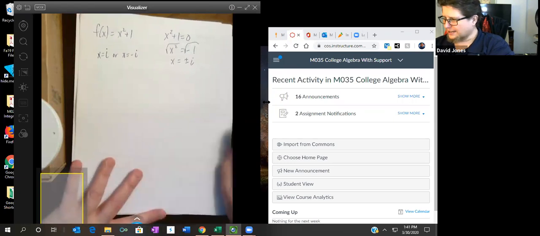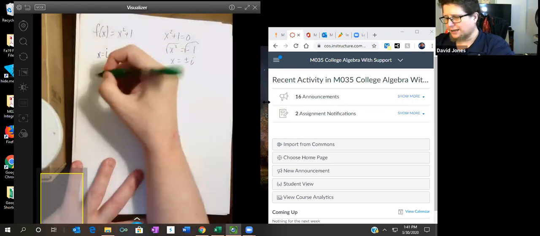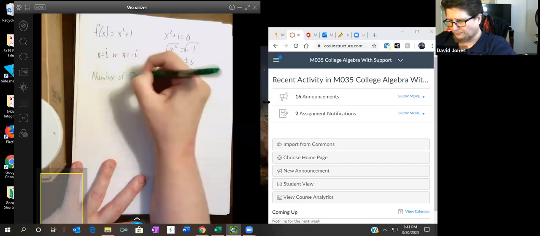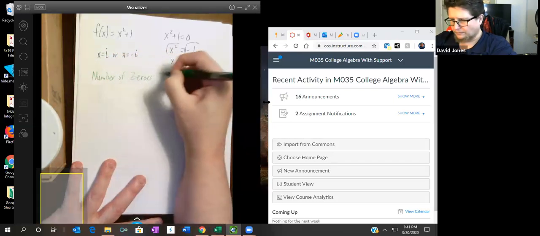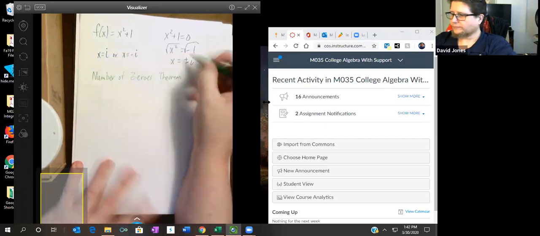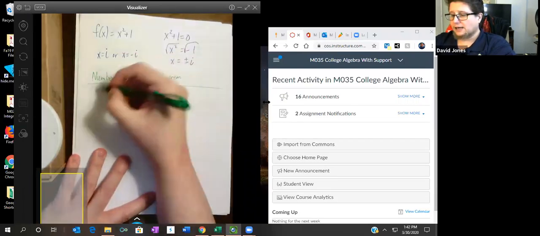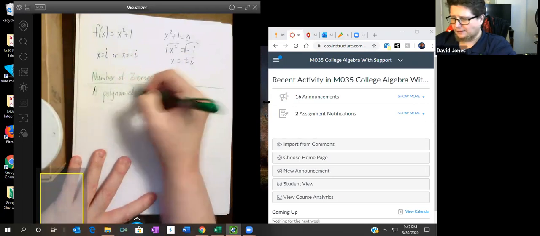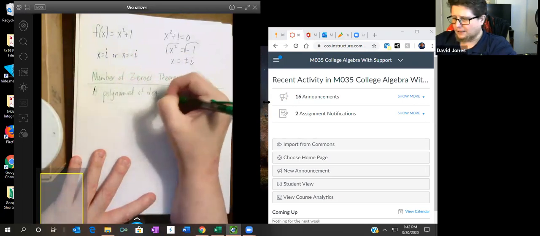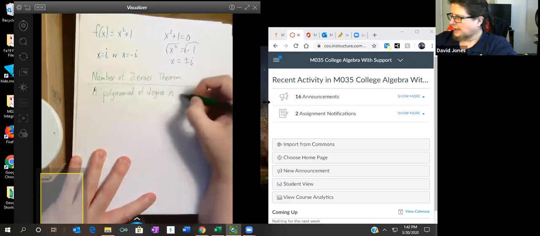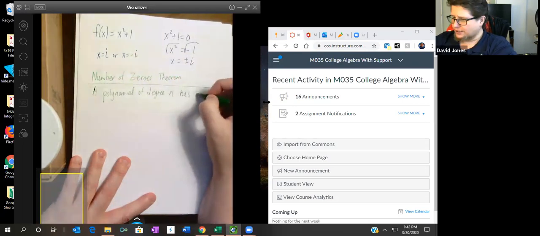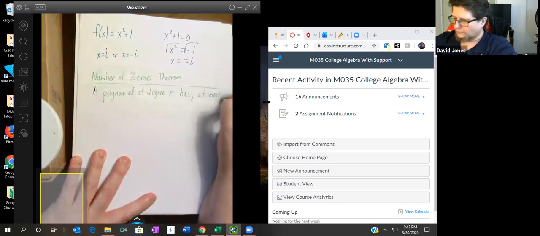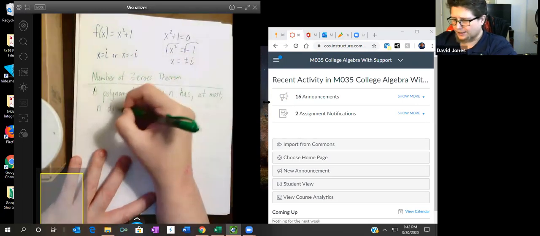And I know I just said that. They actually give a name to the other one. It's called the number of zeros theorem. A polynomial of degree n has at most n distinct roots.